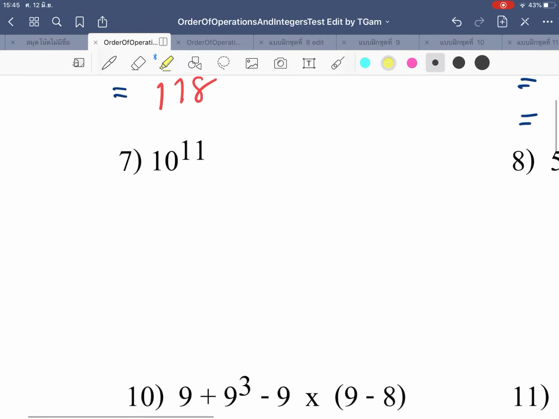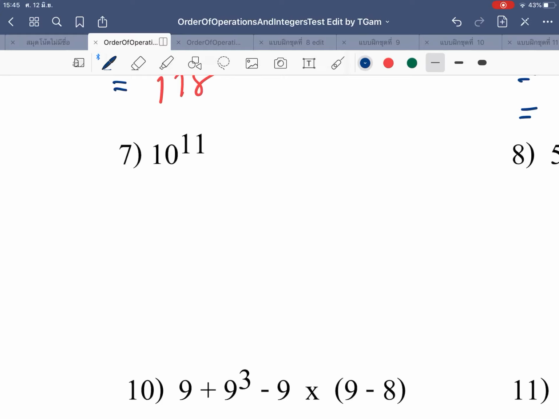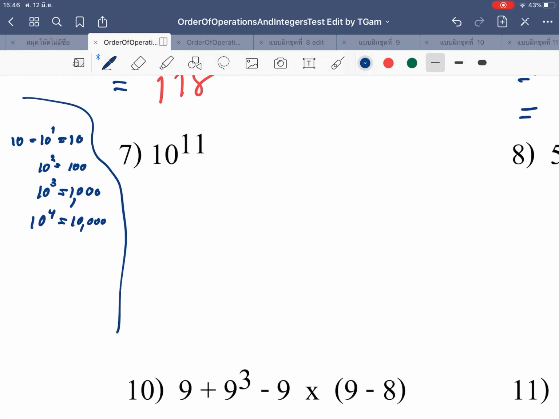Number 7. 10 to the power 1 is 10, right? Then 10 squared is 100, 10 cubed is 1000, 10 to the power of 4 is 10,000, like this, okay?